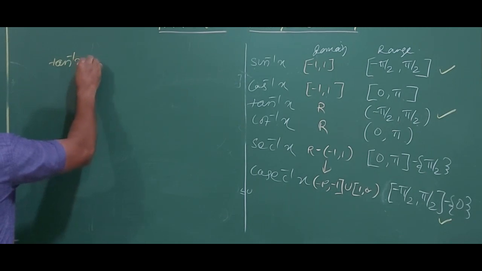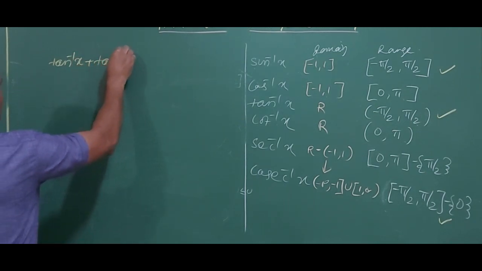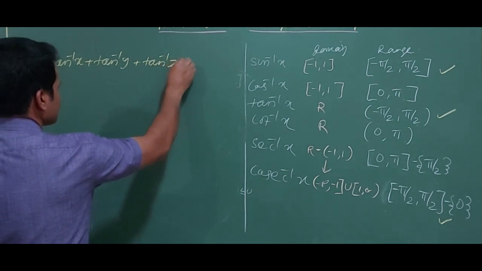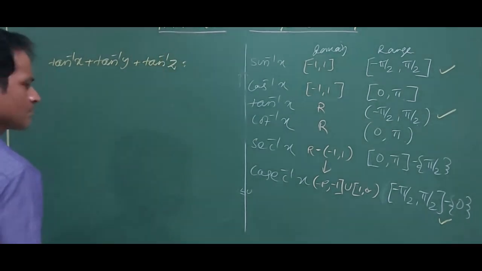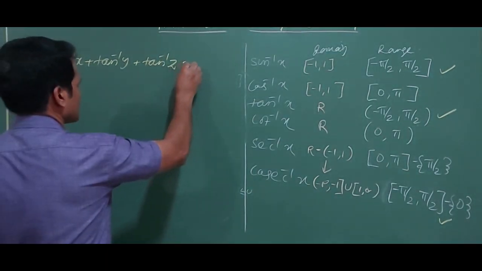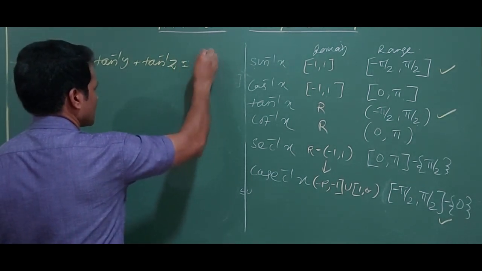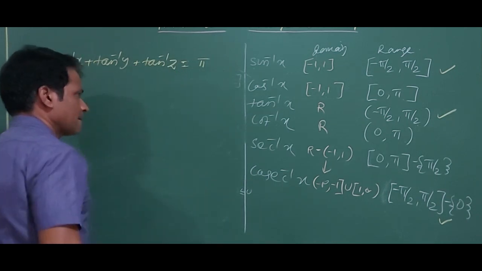Tan inverse x plus tan inverse y plus tan inverse z is equal to pi.